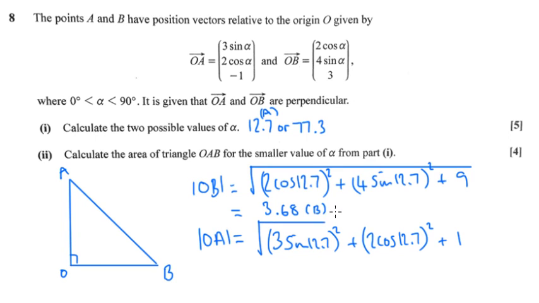And we're going to square root that. When we do that one, that one comes out at 2.29, again to 3 significant figures, and I'm going to save the real 2.29 into memory C.